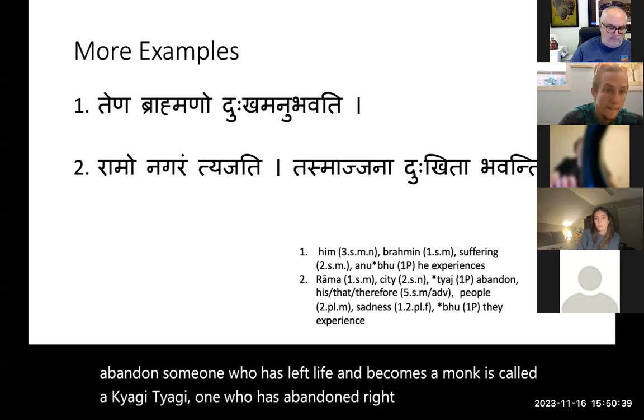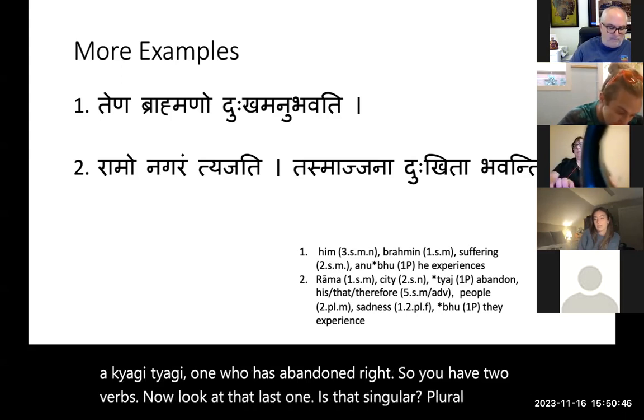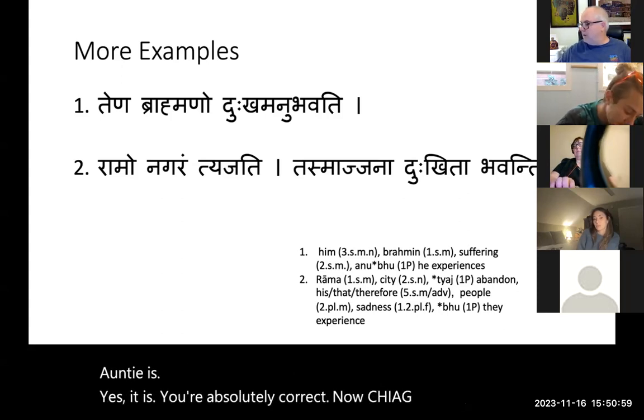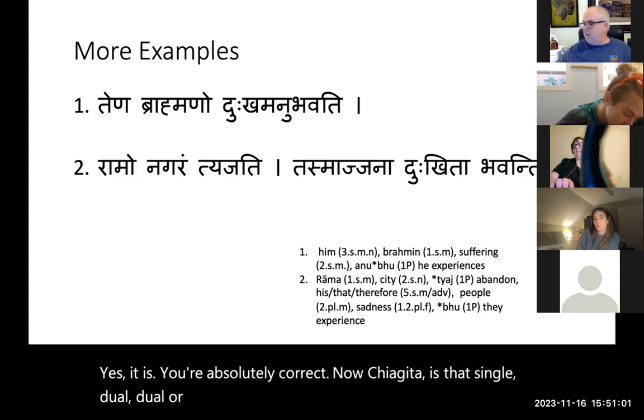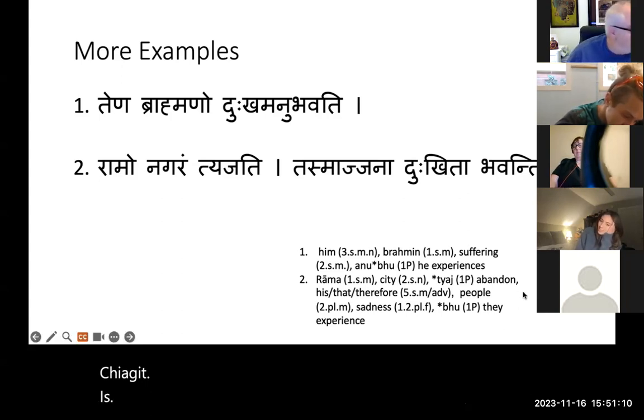All right, so you have 2 verbs. Now, look at that last one. Is that singular, plural, dual? Bhavanti is plural. Yes, it is. You're absolutely correct. Now, tyajati, is that singular, dual, or plural? Singular.